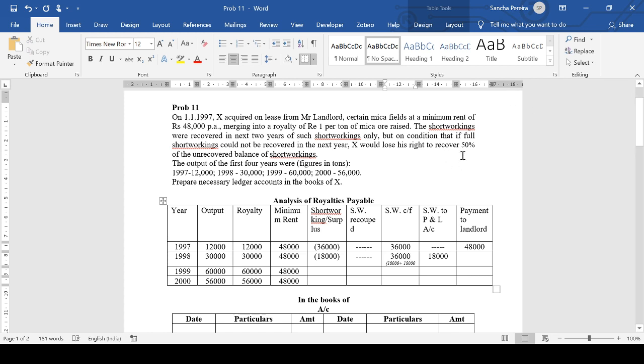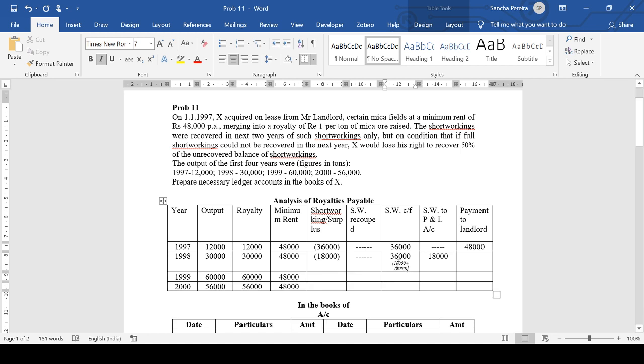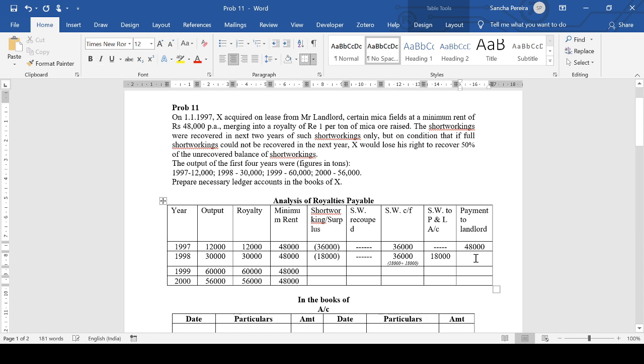If that 50% condition was not there, he would have carried forward the entire 36 plus 18, which comes to 54,000, and nothing would have been transferred to P&L account. But right now, how much have we carried forward from the first year? Only 18,000, because he has foregone the right to recover the remaining 50%. That is another 18,000. So that's how I get this. The payment to the landlord is going to be 48,000.